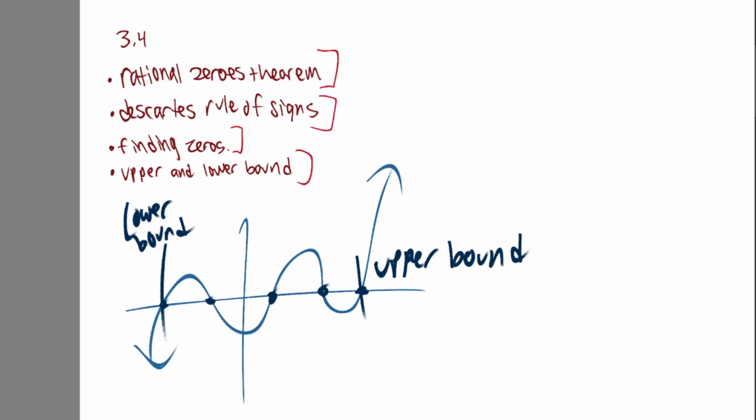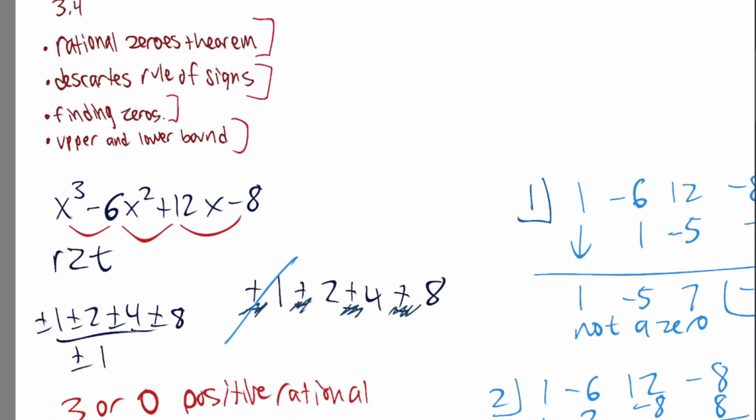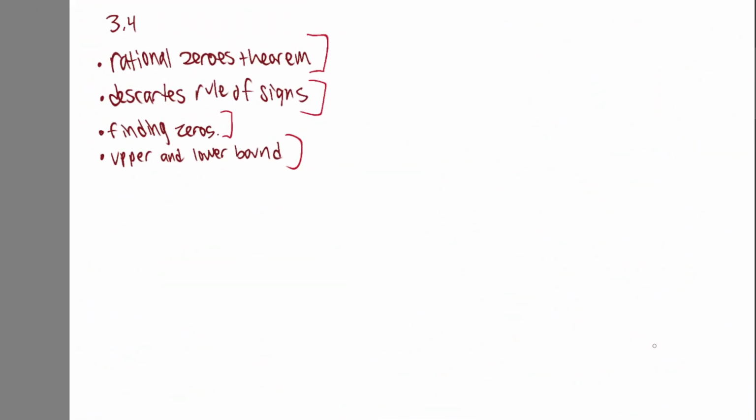So this is all well and good to know what it is, but how do we find upper and lower bounds? Well, we will take our equation. Actually, let's just do a whole another equation, because that will maybe be good. For example, in our homework, it's giving me something like 8x cubed plus 10x squared minus 39x plus 9.